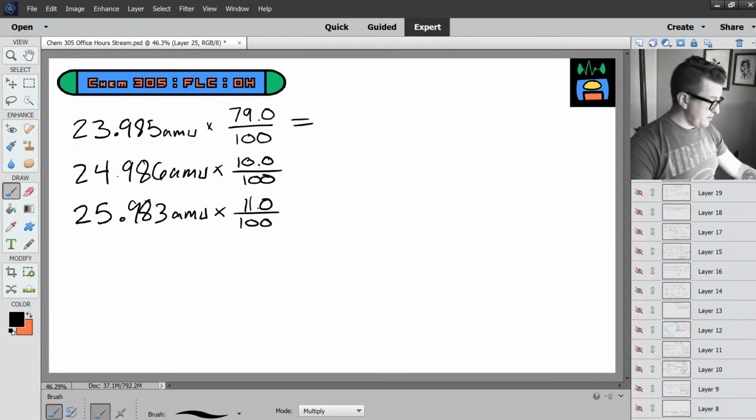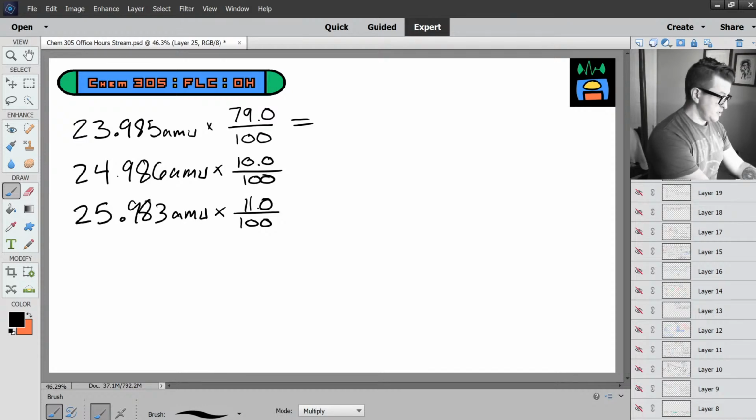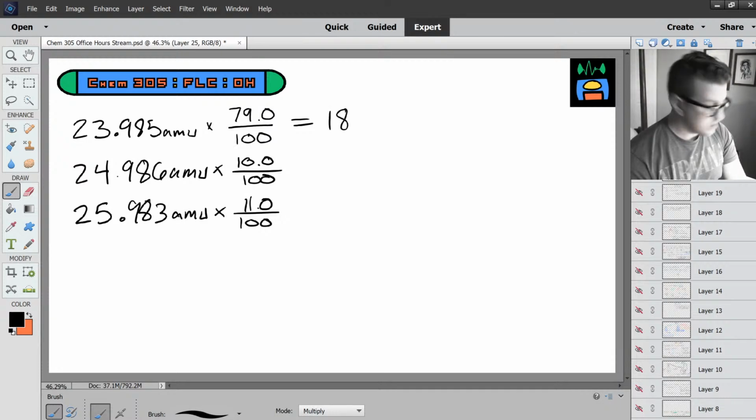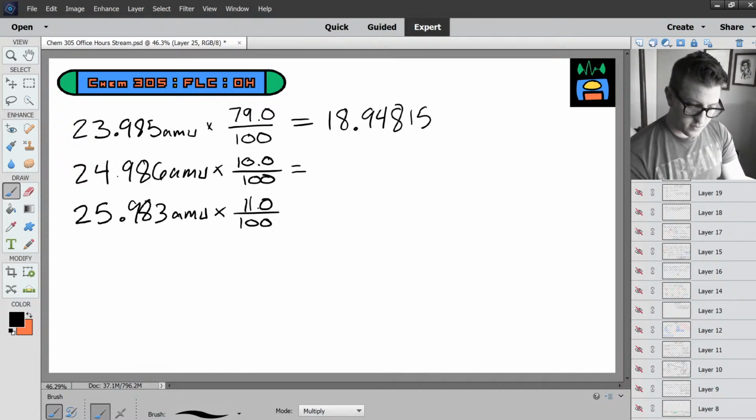So we have 23.985 times 79 over 100. This comes out to be 18.94815. Sig figs wise, we can only keep 3, right? So this will round to 18.9.